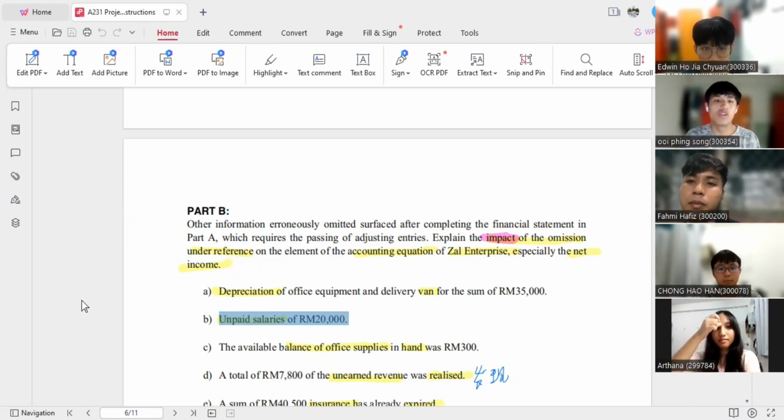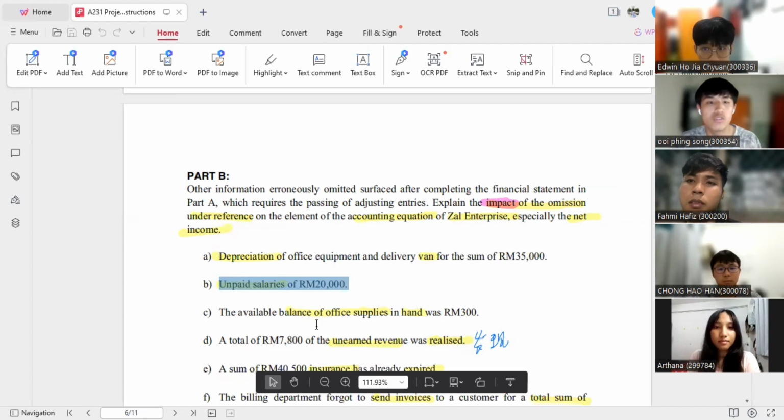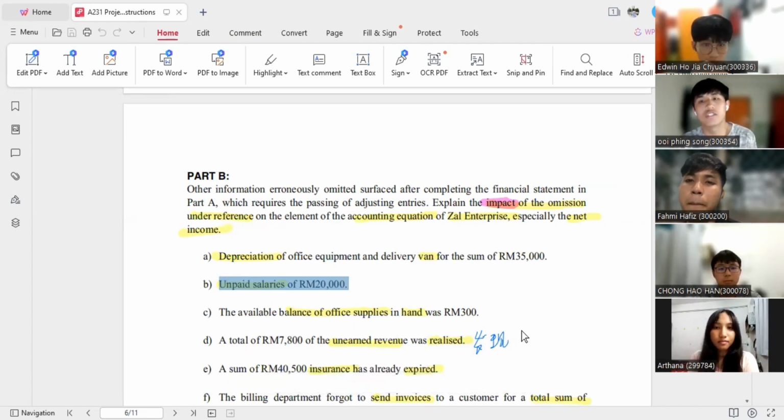Okay. For C and D, we will hand to Edwin to explain the impact of these two transactions.